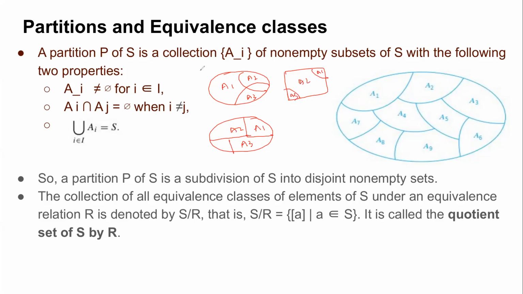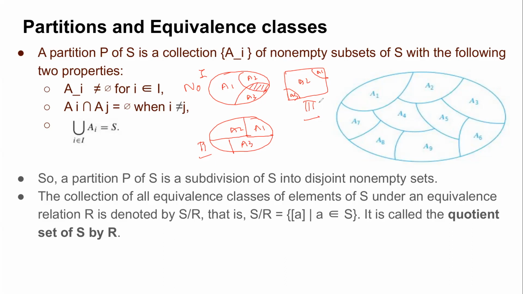Is figure 1 a well-defined partition? Just to check that you understood the properties. No. What is the reason? That's true, it's not, because A2 and A3 are not disjoint, they're overlapping, right?